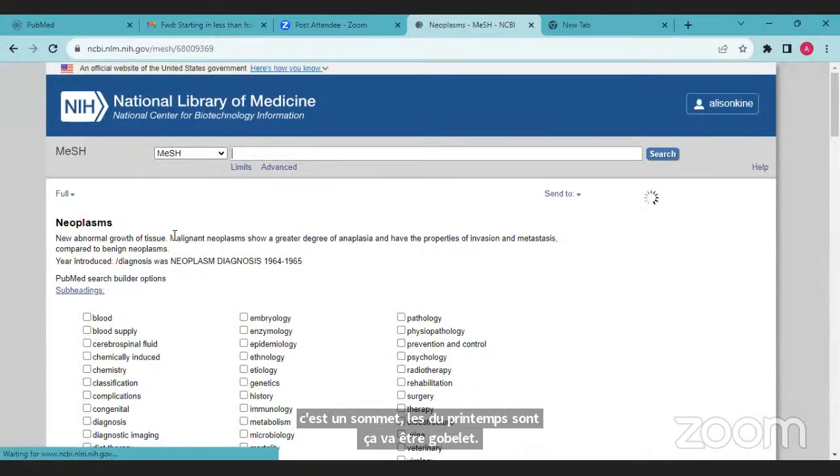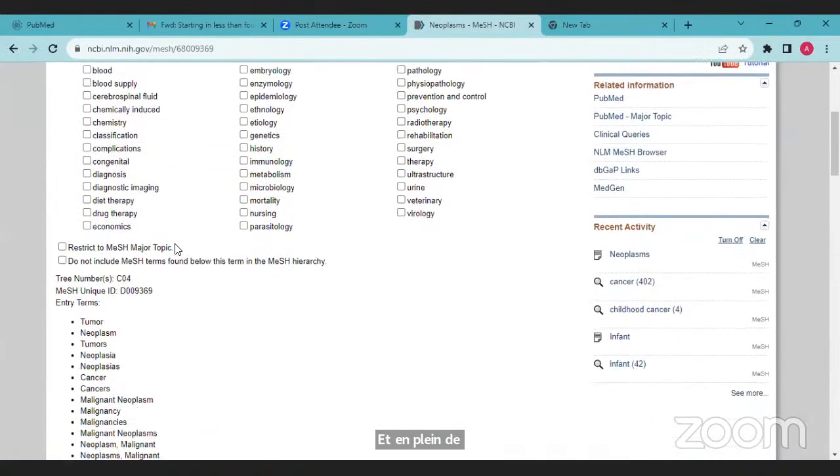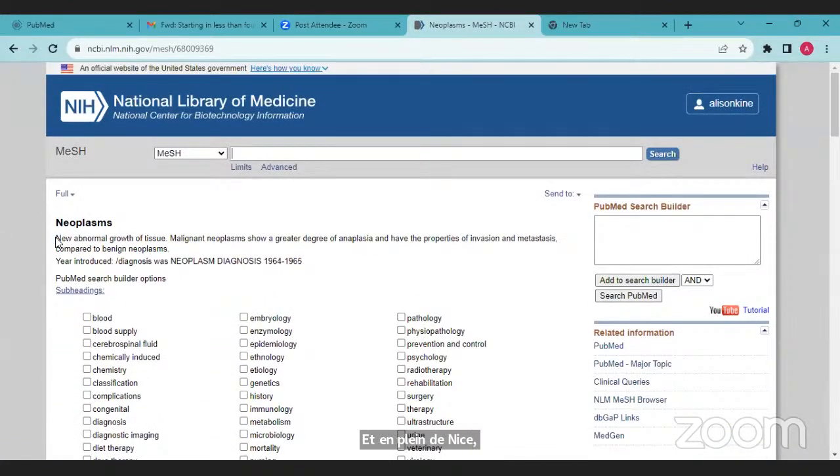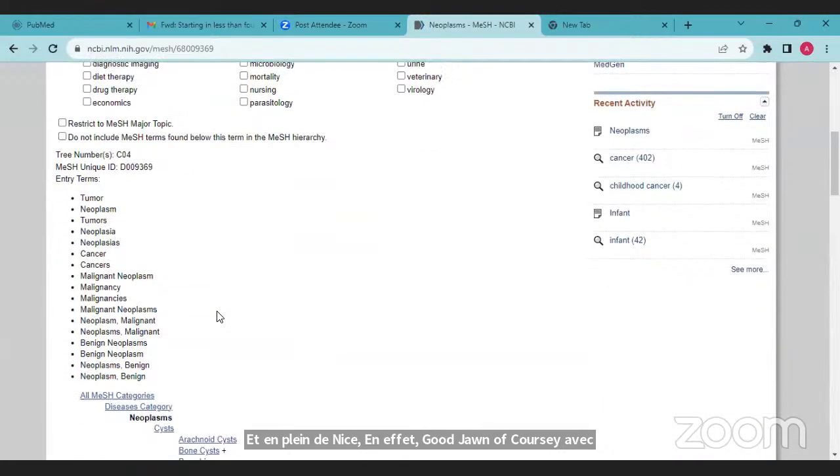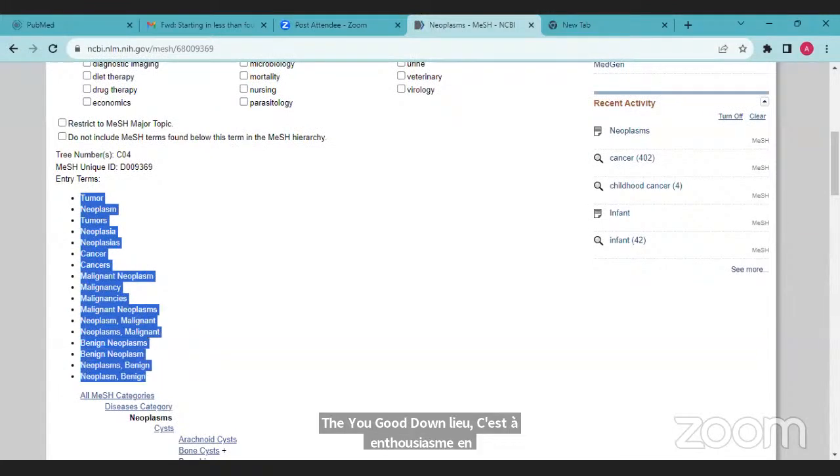Neoplasms. And if you go down, of course, here they first give you the definition, what is it? And there it is. Then you go down. Do you see the entry terms? Like all these. If you are doing a systematic review of general cancer, all those words you have to include them, but you have to use a Boolean operator.